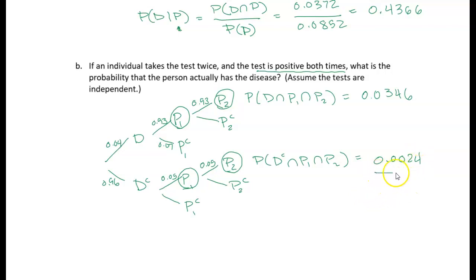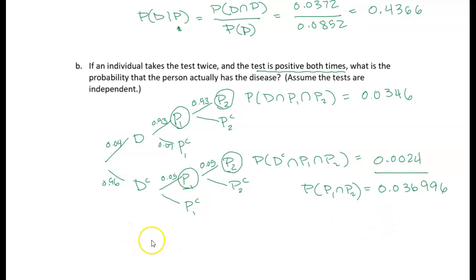If I add that up, that's going to give me the total probability of testing positive on both the first and second tests, so 0.036996 is what I got when I add those two numbers up.